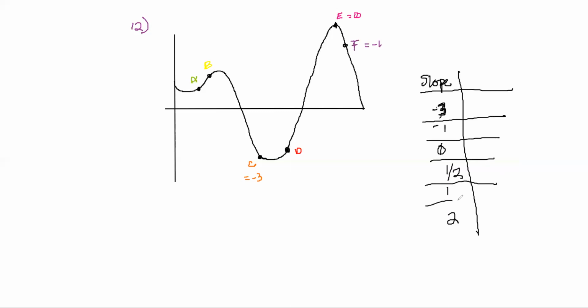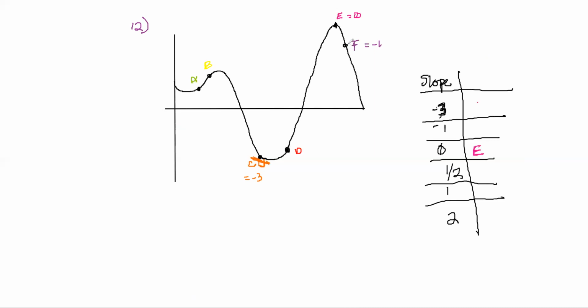So, you did get E right. And process-wise, you did exactly what I would have done. You started off by saying, I know which one is 0, and that is E. And then there are only 2 points that have negative slopes, and those are C and F. You did get those mixed up, though. Why is that? Right here, if you draw the tangent line, it's going to look kind of like this.